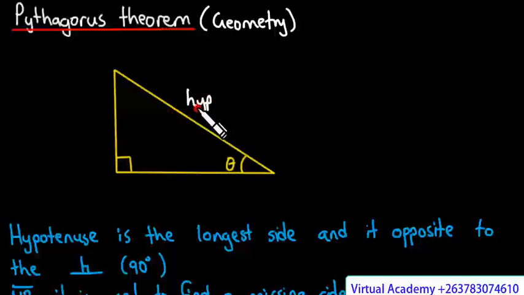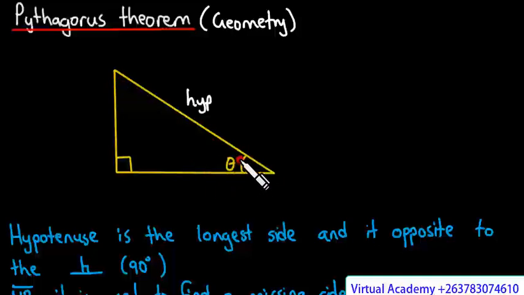So this is my hypotenuse, and we shall abbreviate it as hyp. Then apart from that, the two other sides of a right angle triangle are named in relation to the angle that we'll be using at that moment in time. Remember, apart from the 90-degree angle, we can have an angle on top here, and we can also have an angle below here.